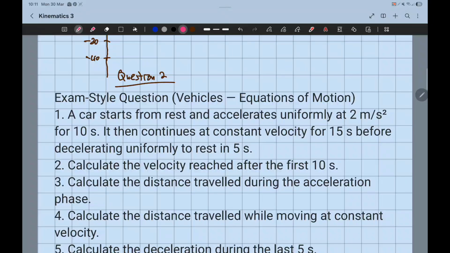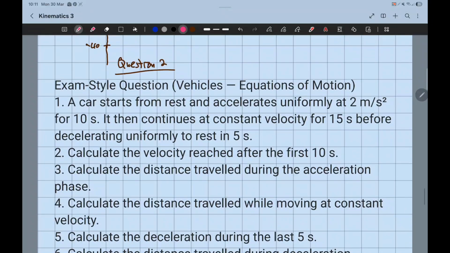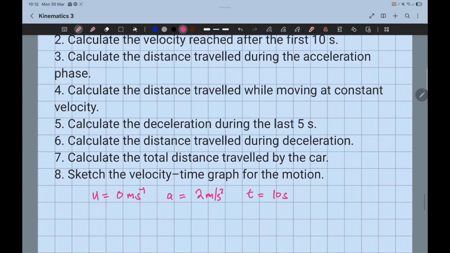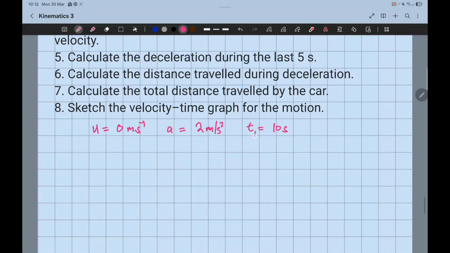It then continues at a constant velocity. At this constant velocity, the acceleration is 0, for 15 seconds. So t1 is where it accelerates, and this is the first phase.